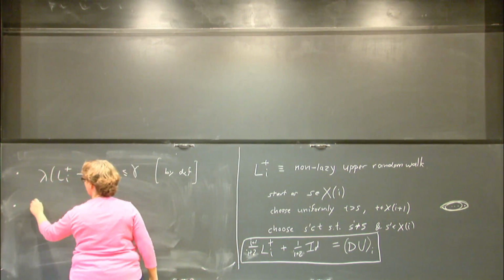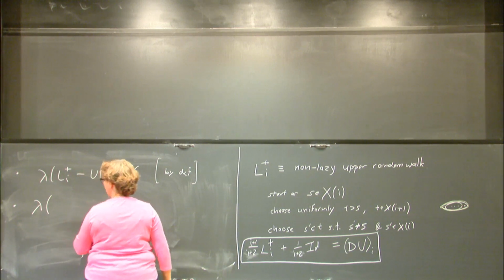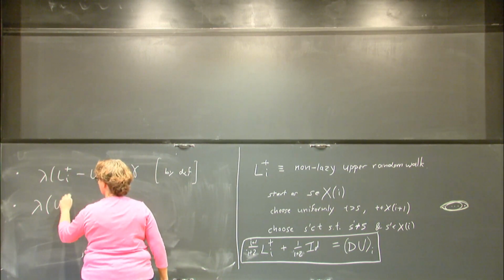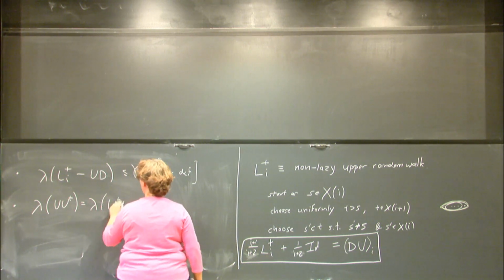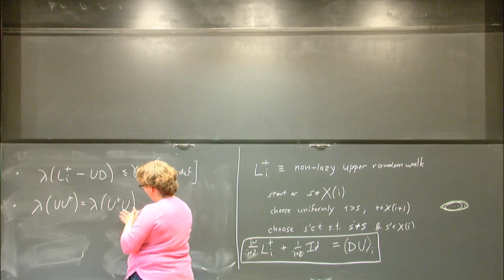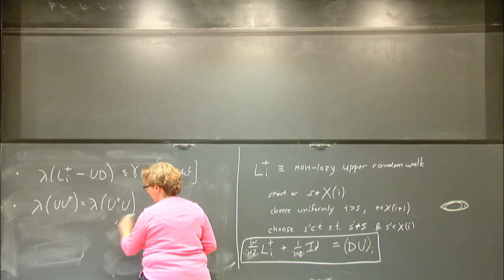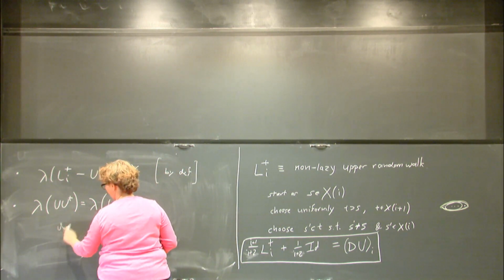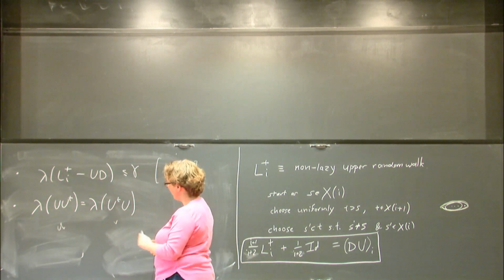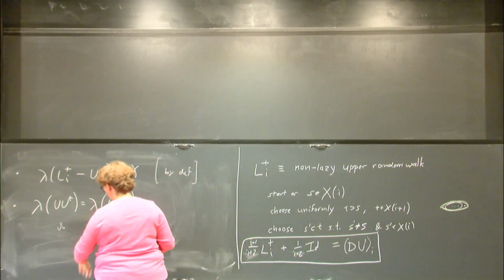I also want the fact that lambda of any u transposed is equal to lambda of u transposed u. This is true always, just because if v is an eigenvector for this guy, then u transposed v is an eigenvector for this guy. So this is always true for any bipartite matrix.